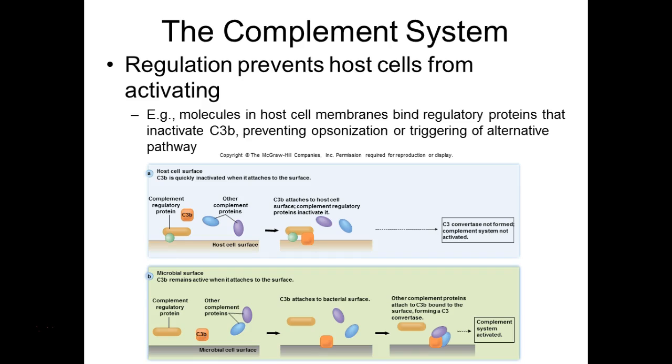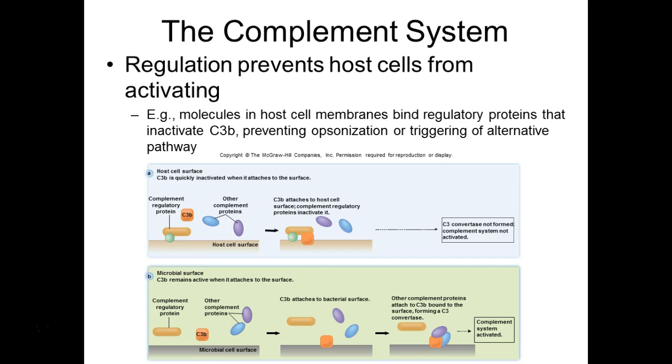So what happens for microbial cell walls is they don't have complement regulatory proteins. So C3b binds, right? It's able to activate the other components, and the complement system becomes activated. The bad news is that some bacteria have learned to use and steal our regulatory proteins to deactivate C3b from binding and activating the complement cascade by the alternative pathway.